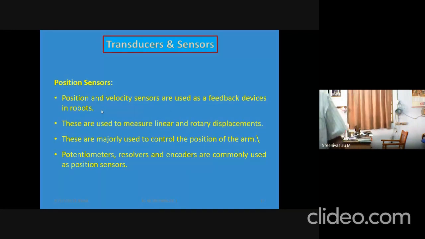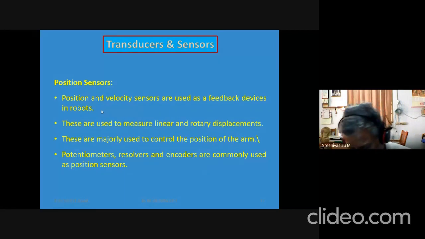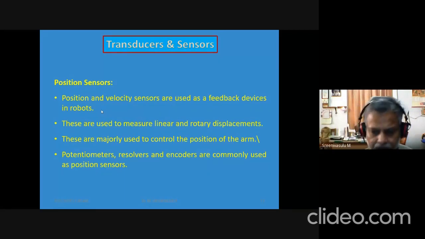There may be 2 joints, or 3 joints, or 4 joints, whatever it is, irrespective of the types of joints, because with the support of sensors, you will be able to know their initial location and their final location.